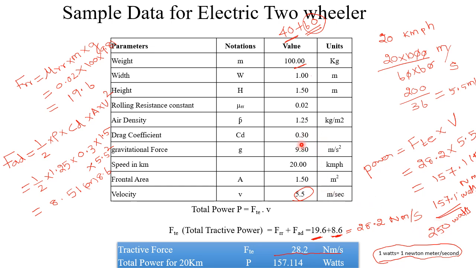Or if there is a change in parameters like the drag coefficient increasing in a real-time scenario, this 250 watts motor will manage. It is always better to choose a somewhat higher rating compared to the calculation you got. So this is the sample data and the calculation.